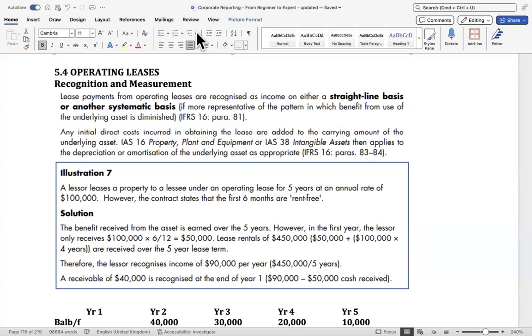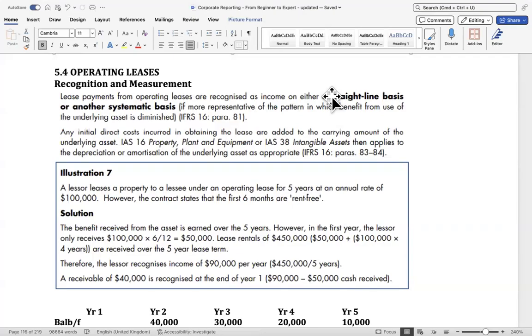So very straightforward. The only thing you need to remember is that this lease income would be recognized on a straight line basis or another systematic basis that would showcase the pattern of economic benefit from the use of the asset, but popularly it is on a straight line basis.